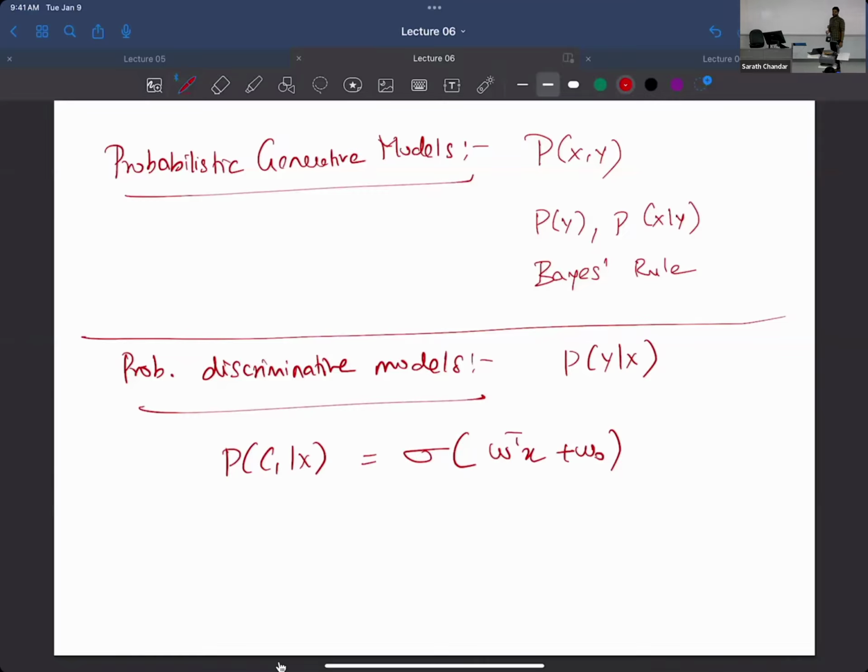So we had a complex equation for W and W0, which was further computed through the parameters of the Gaussian distribution. Now I'm going to throw away all those equations and assume that W is just some randomly initialized vector, which means W transpose X plus W0 is a simple linear model. Then I put a sigmoid on top of the simple linear model.